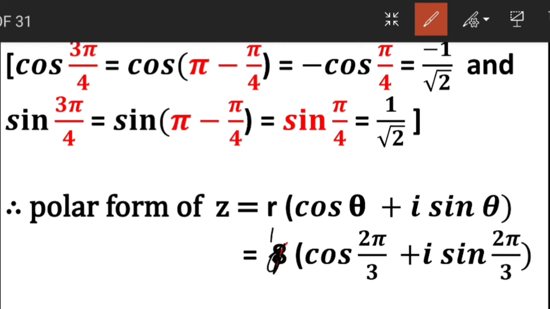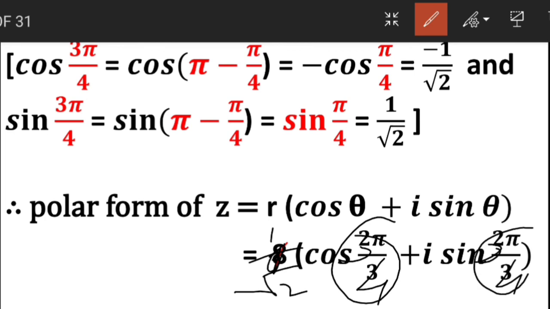That is 1 upon root 2 into bracket cos 3 pi by 4 plus i times sin 3 pi by 4. Okay, theta is 3 pi by 4 here, not 2 pi by 4, and r is equal to 1 upon root 2. That's it. Okay. Now question number 6.